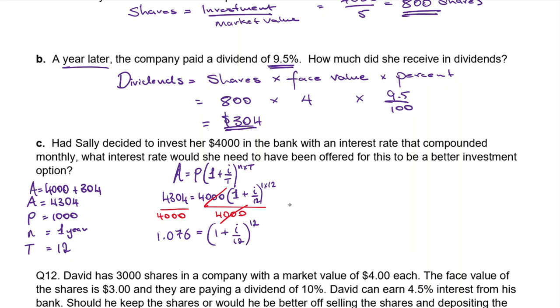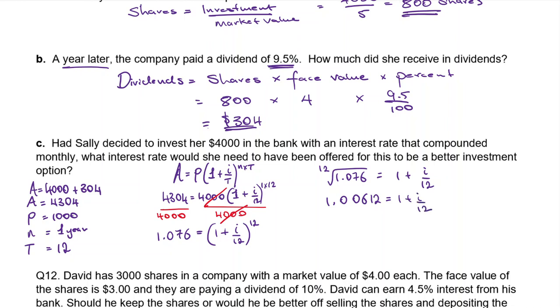Then you want to get the 12th root of 1.076, because I wanted to get rid of the power 12 there, so we do the 12th root, and you should get 1.00612 something. We'll just leave it at that.